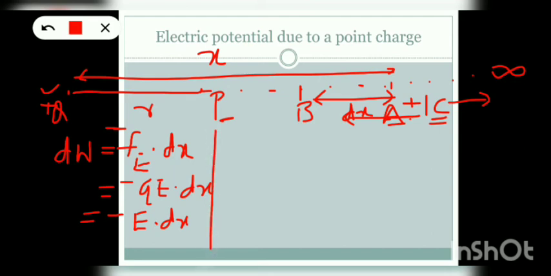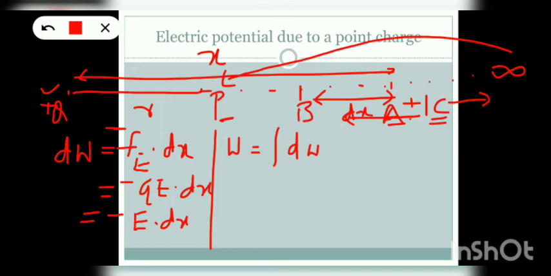Then what will be the total work done? The total work done is obtained by integrating the small work done. The total work done is the work done to bring a unit positive charge from infinity to the point P. So what will be the limits of integration? The distance from the source charge must be the limit of integration.